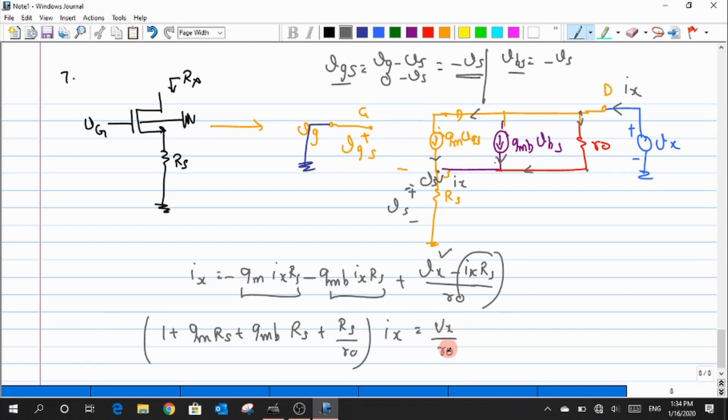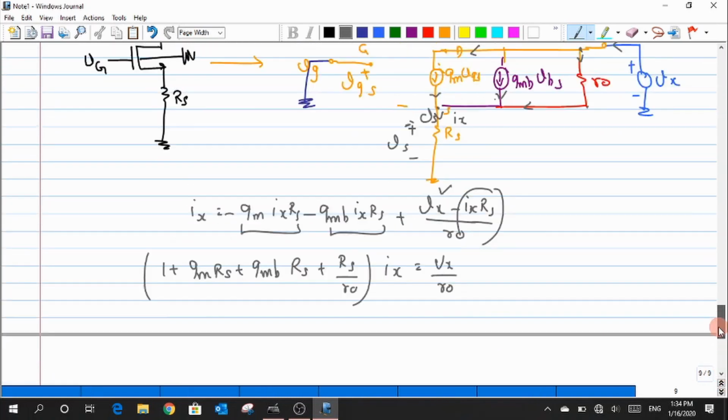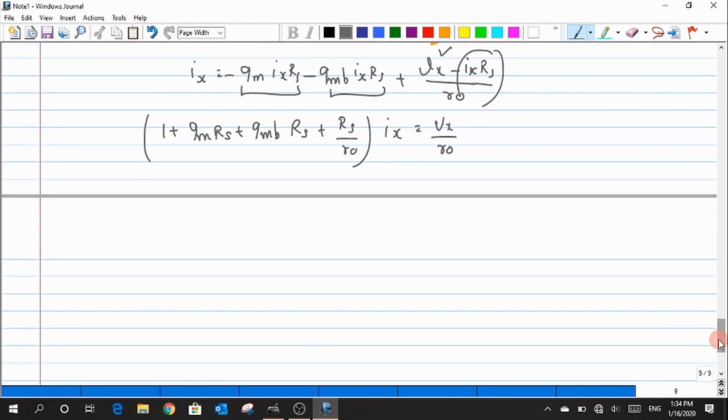Now when I put them as Vx by Ix, because these two terms are common, I just put it as gm prime, combining both gm and gmb, and then I have this Rs by R0.